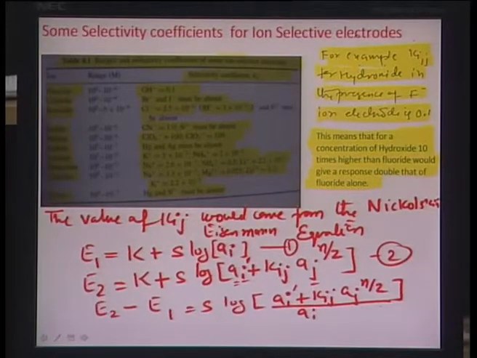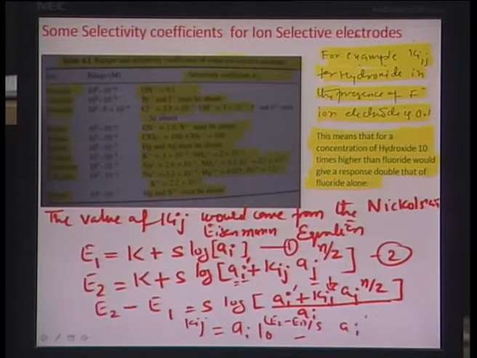So if we solve this equation and try to find out what Kij is from this equation, Kij can be written down as Ai times 10 to the power of E2 minus E1 divided by S, minus Ai dash, okay, divided by Aj to the power of n by Z. That is what Kij would be in this case.